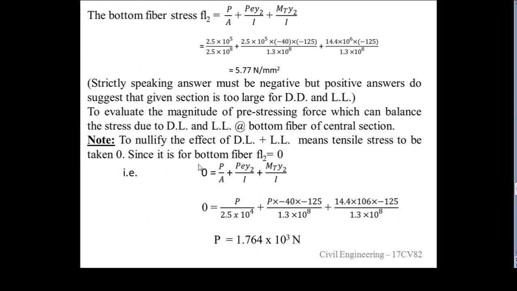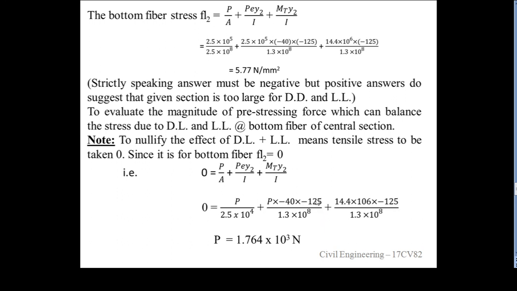So 0 is equal to P by A plus PEY2 divided by I plus MTY2 divided by I. That is, 0 is equal to P by 2.5 into 10 raised to 4, plus P into minus 40 into minus 125 divided by 1.3 into 10 raised to 8, that is the I value.